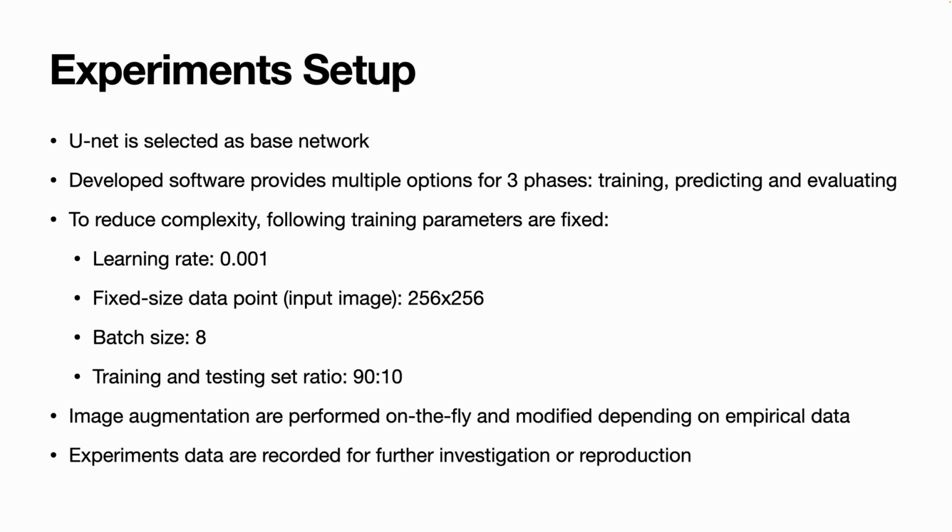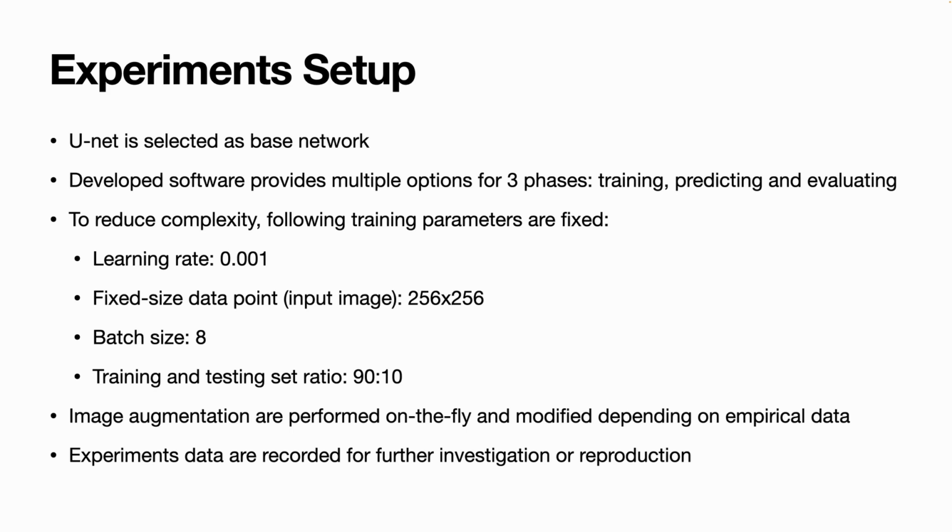To reduce the complexity of the problem, the following training parameters are fixed. For example, the learning rate will be 0.001. The size of the input images, also known as data points, would be 256 by 256.